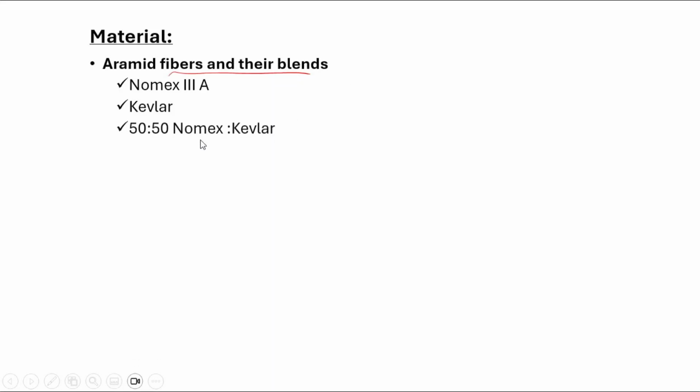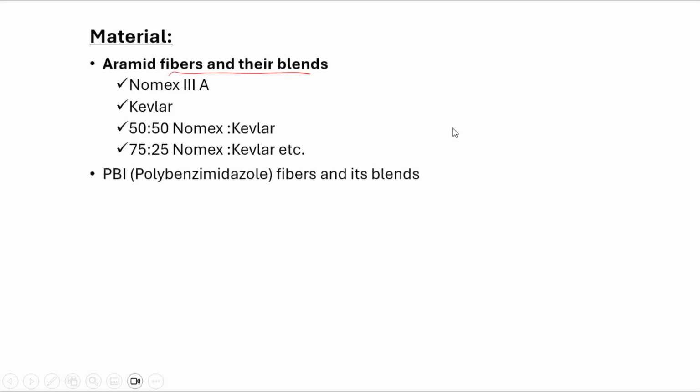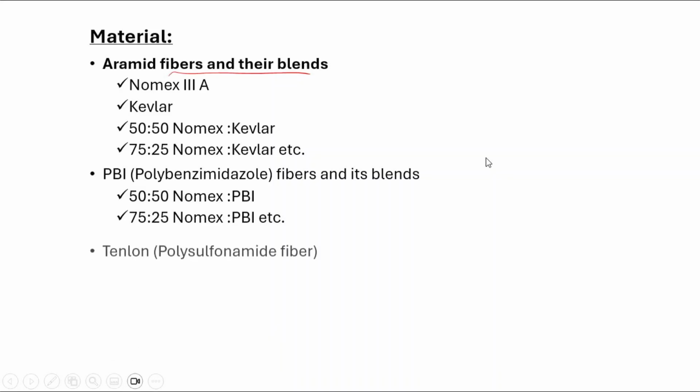Then Kevlar and Nomex blend, that is para aramid and meta aramid blend, which one can use in different proportions. PBI fiber is also used, and its blends are used, 50-50 with Nomex and PBI fiber, 75-25. Tenlon fibers are also used.